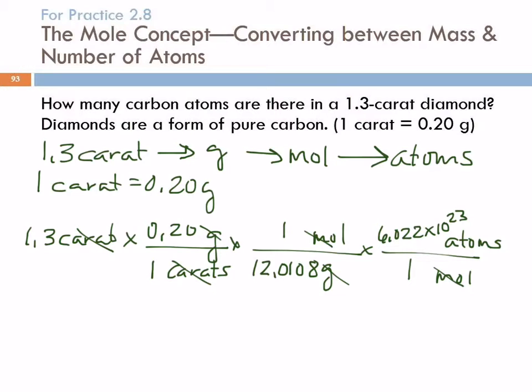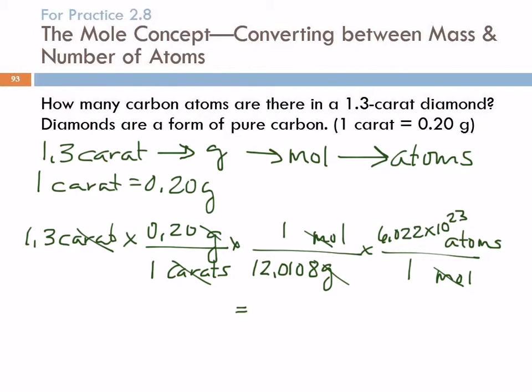And you did the 12.0108 because that's carbon, right? Because it's carbon, and I was using the periodic table on the wall. What I usually do is, a lot of these I have 4 sig figs memorized, so I would normally just do 12.01. 1.3 times 0.2 divided by 12.0108 times 6.022 EE23.